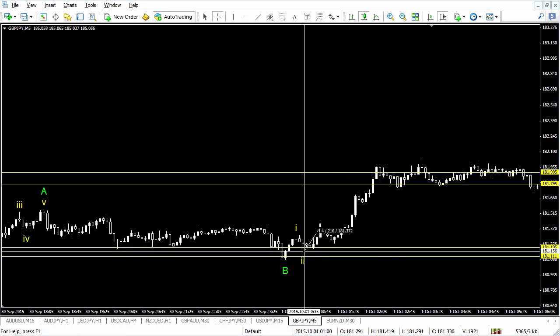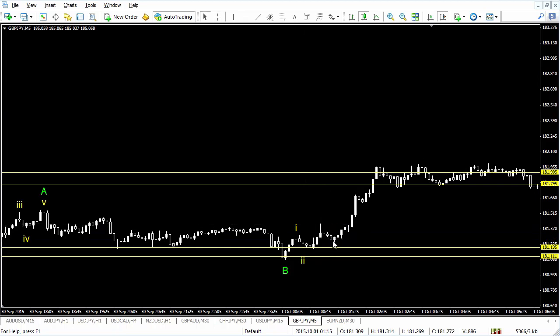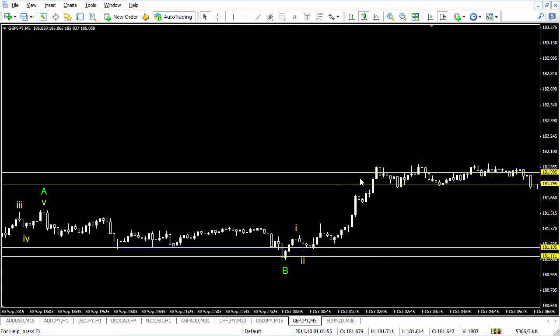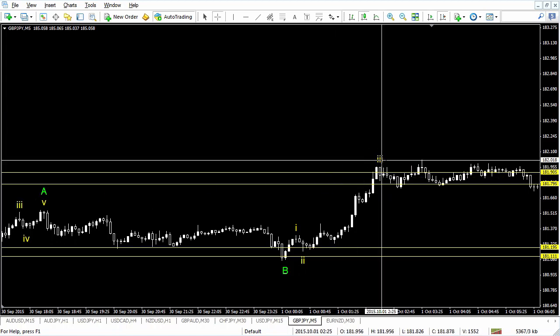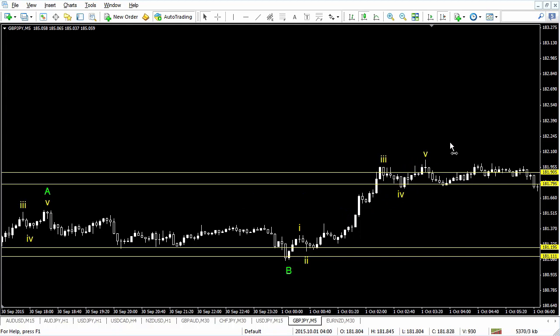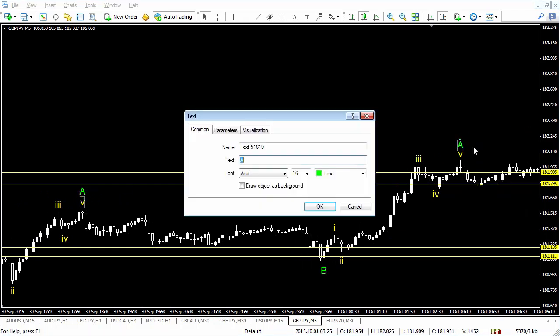After that, we have a smaller 1, 2, because this cannot be a 3, it's too small. 1, 2, 3, 4, 5 to complete the larger wave 3. Let's move it over here. After that, the pullback should be the wave 4. And after that, the wave 5. So we have a complete zigzag correction around equal legs.